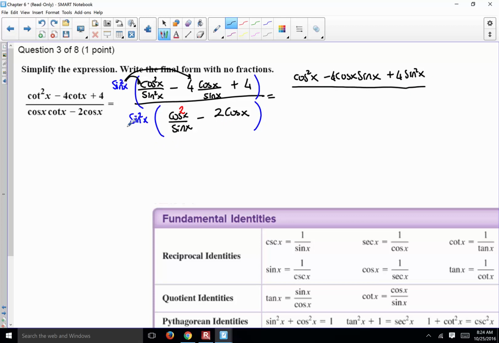Alright, here one sine kills, the other one remains, so sine x cos squared x minus 2 sine squared x cos x. Oh yeah, this is what we have.